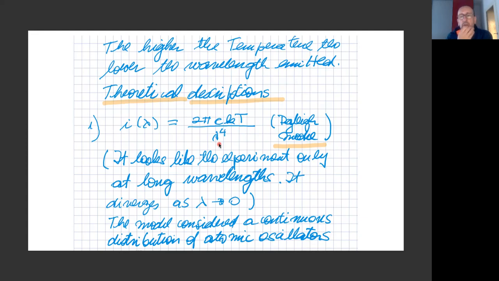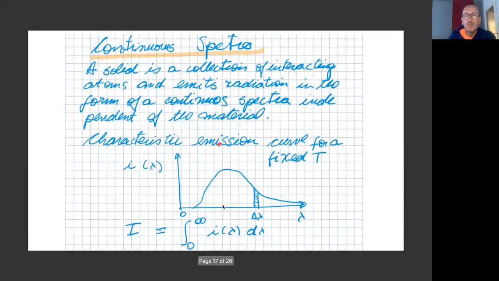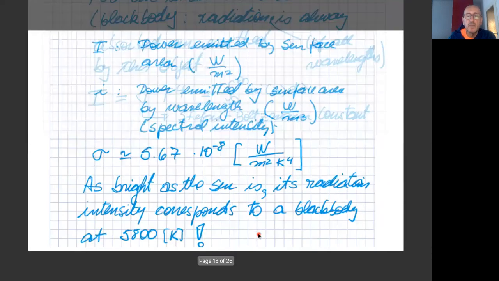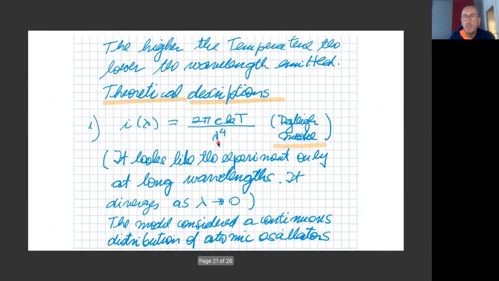But it doesn't look like the original thing. The original thing looks like this. It dies for big lambda, essentially as the Rayleigh curve shows. But when lambda goes to 0, this thing goes to 0, but the Rayleigh relation actually diverges.